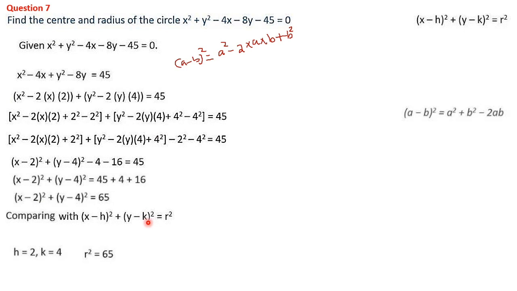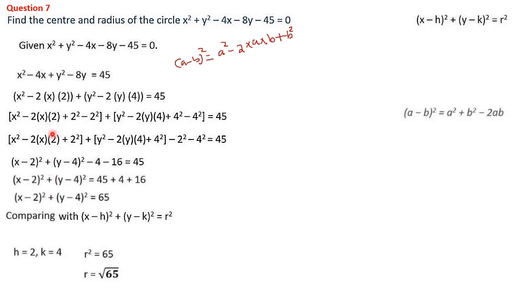In place of k, here 4 is there. Then r square we are having 65. Then center (h, k) we are getting as (2, 4), and r square is 65, so r is root 65. So we have got the center as well as the radius.